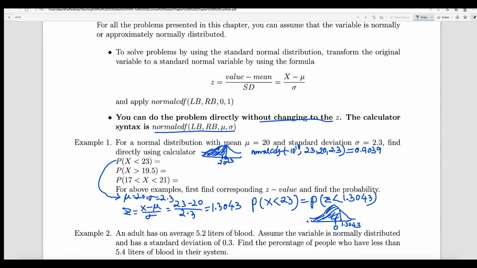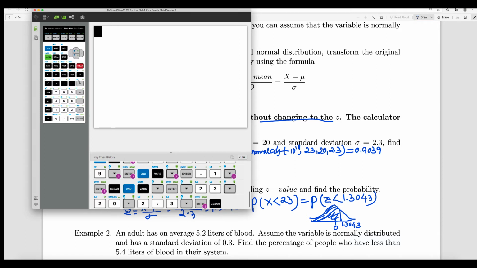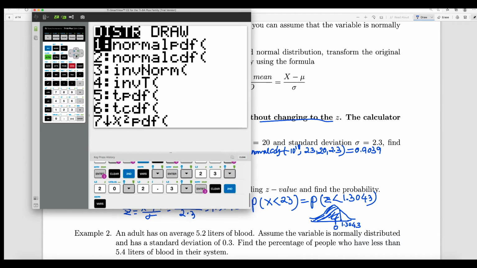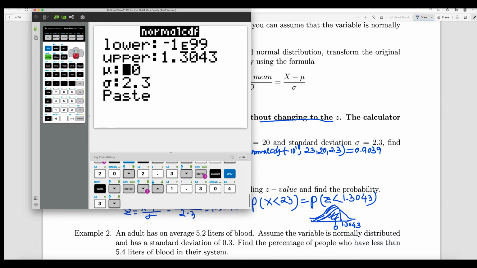The left limit is negative 10 to the 10, and the right limit is 1.30. So let me clear what I have. Second verse, then normal CDF, hit enter. The left bound is okay. For the right bound, instead of 23, you put 1.3043.